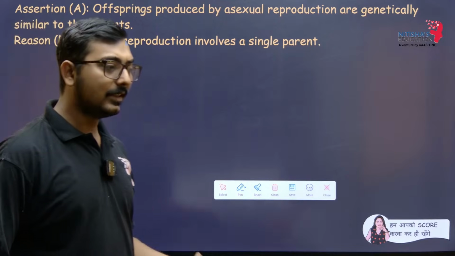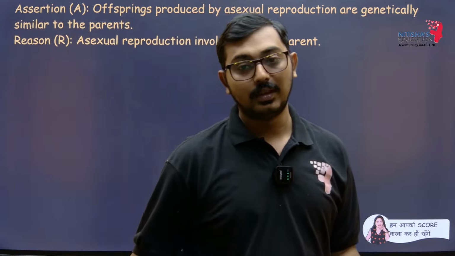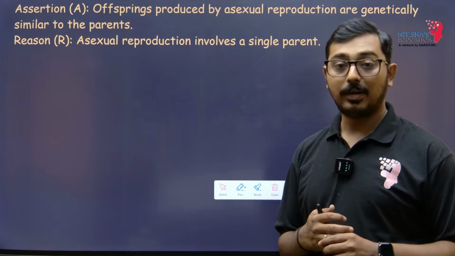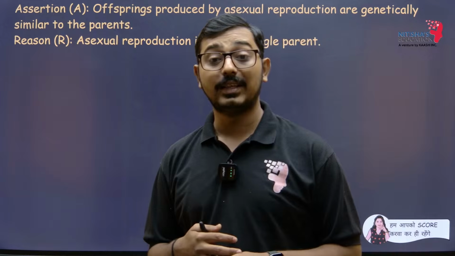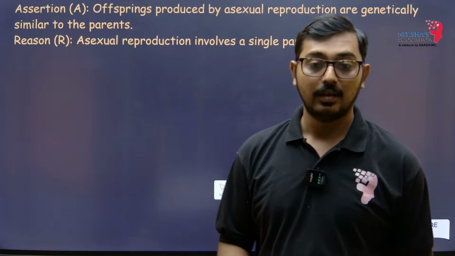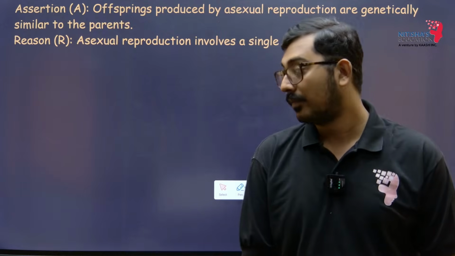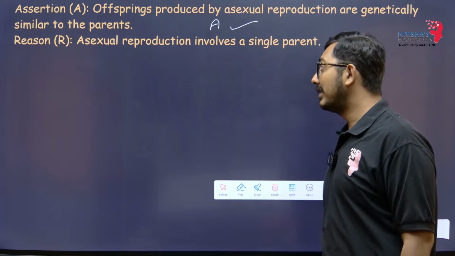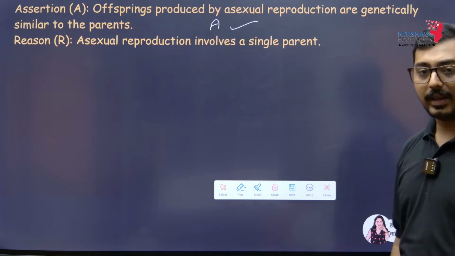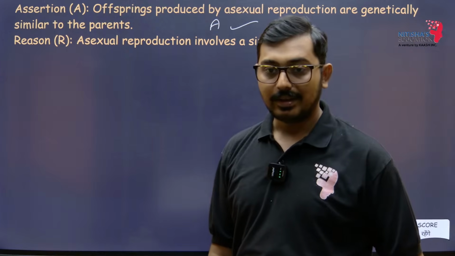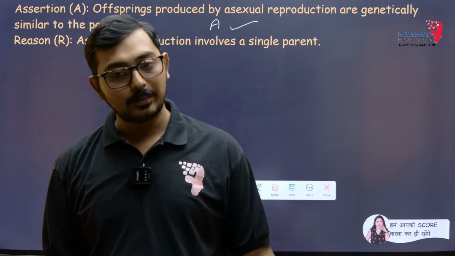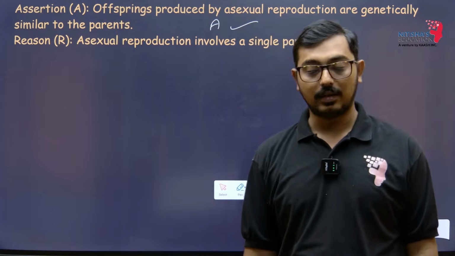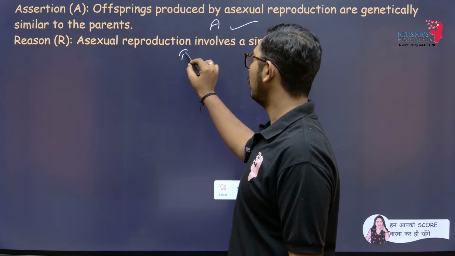They are not just similar, they are identical, because there are no variations in them. Hence the assertion is true. Asexual reproduction involves a single parent. Yes, in asexual reproduction, mostly a single parent is responsible for the daughter cells. So the reason is also correct.